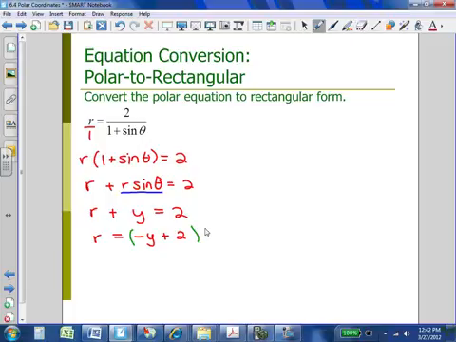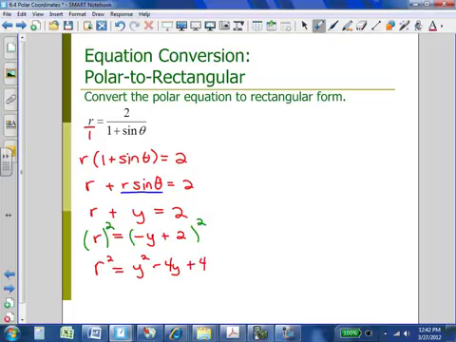So this time, I'm just going to square this side, and I'm going to square this side, which means I will get my r squared over here. And be careful, we're going to multiply binomials here. When I distribute that out, I'm going to have positive y squared, minus 4y. So I had 2 minus 2's, and then a positive 4.